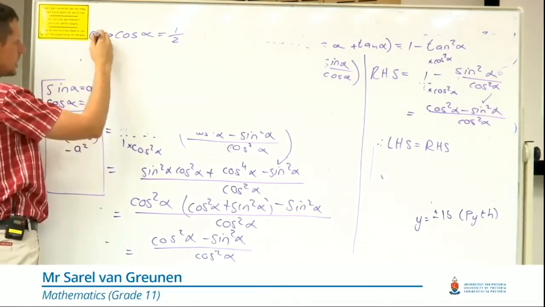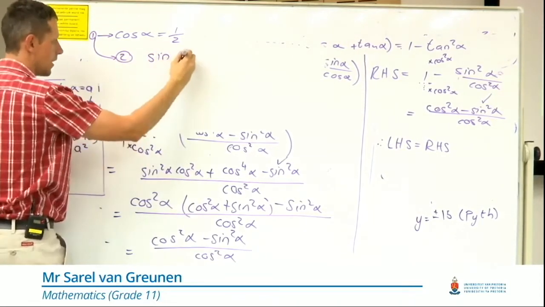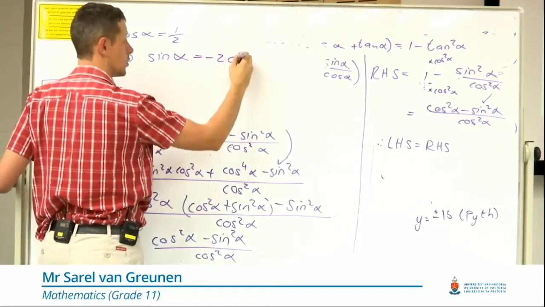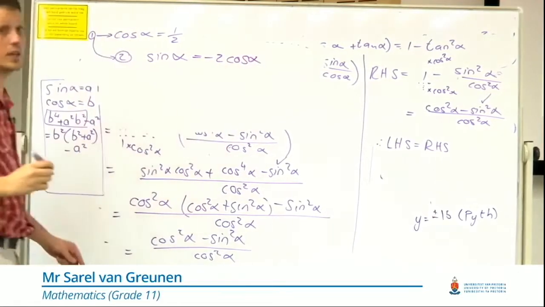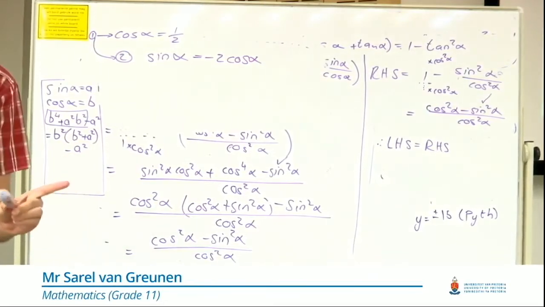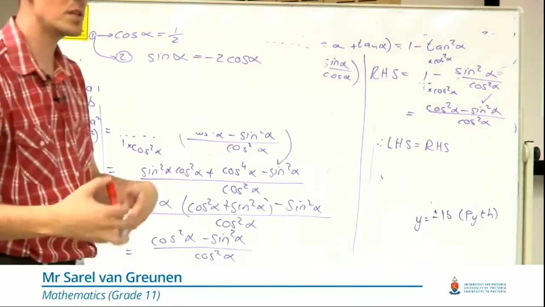The second type, if it's not simple, is, but what if I've got, say, sine alpha equal to -2 cos alpha? What makes it different from the top one? It's not simple.